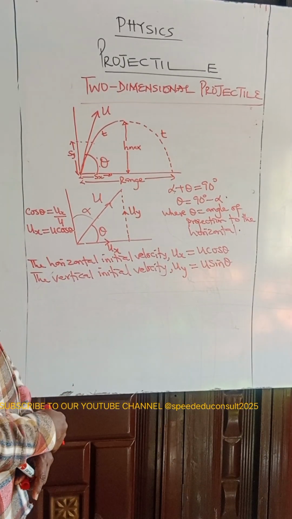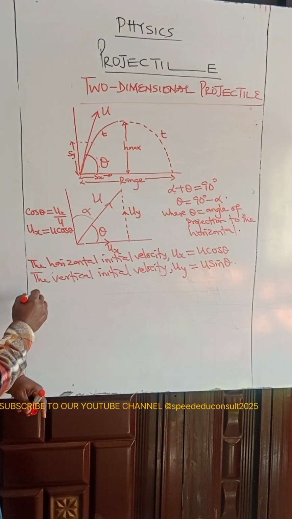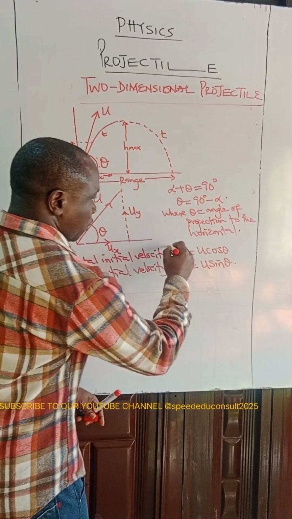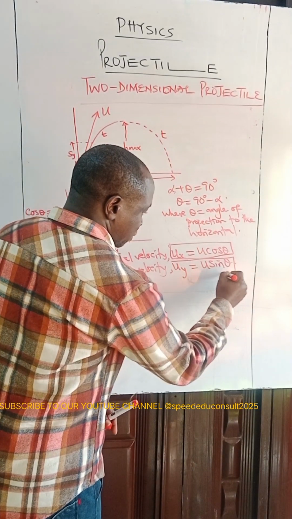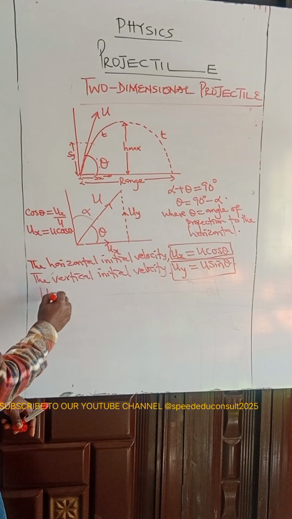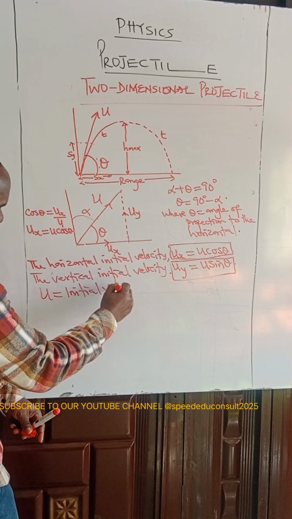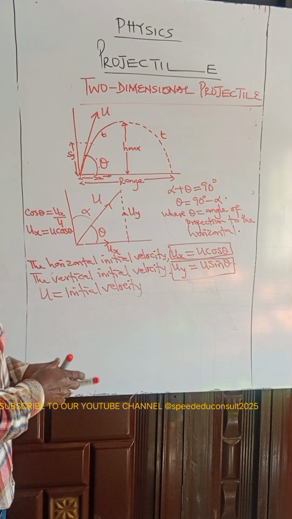Uy is equal to u sine theta. All these formulas are very important. This is very important as well. Our u is equal to the initial velocity or speed.